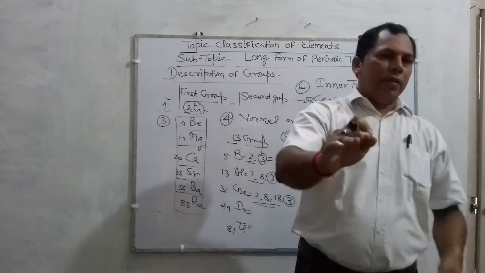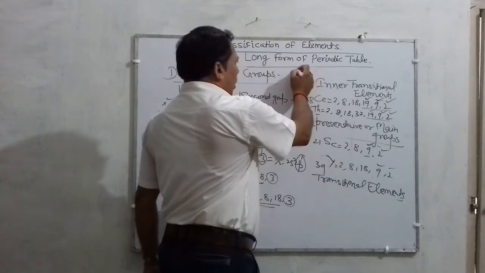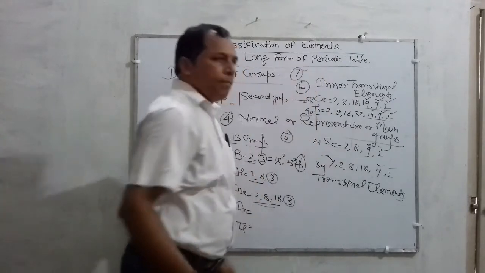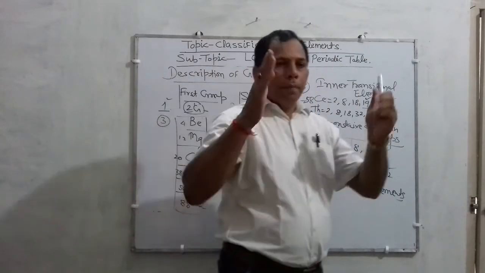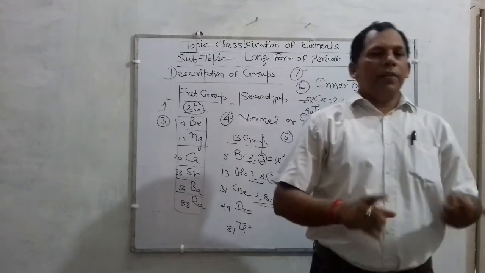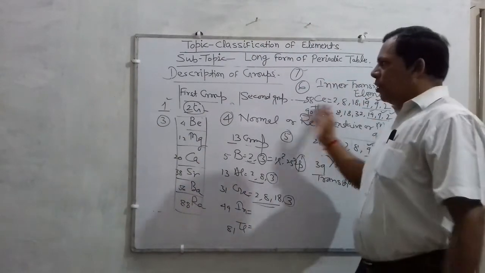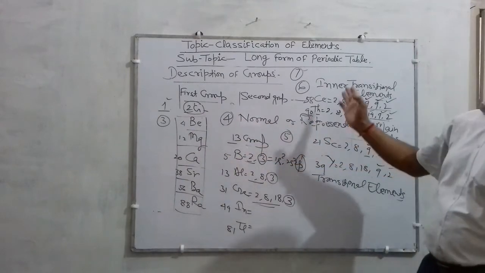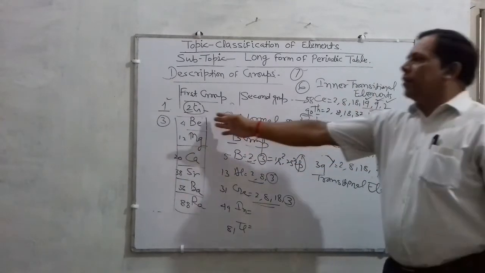And lastly, children, the last property: the elements which are placed in group 18. Listen sincerely. Just before this I have explained almost all the groups. No group is left.